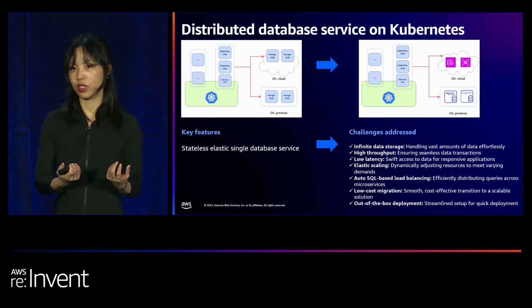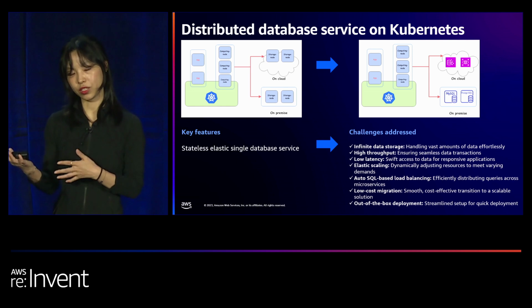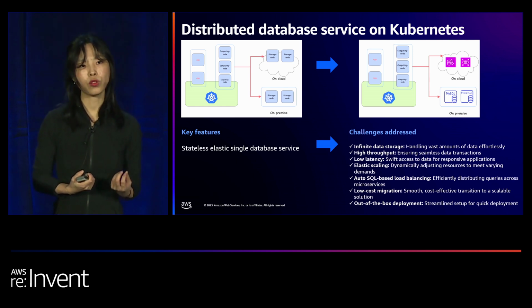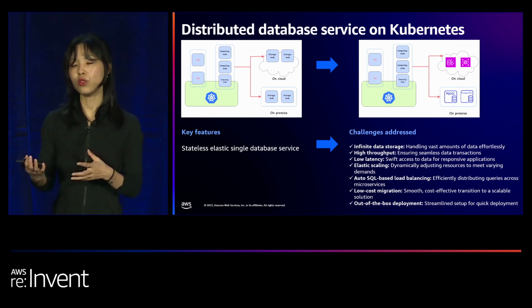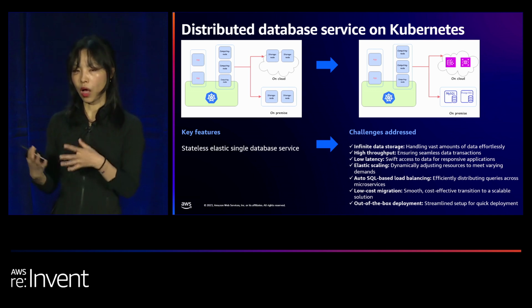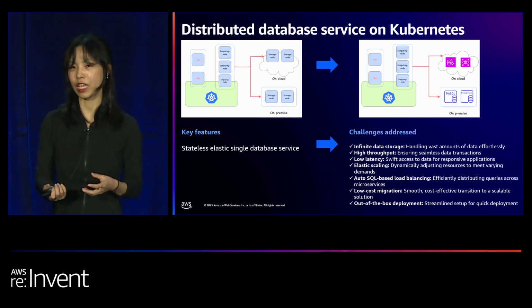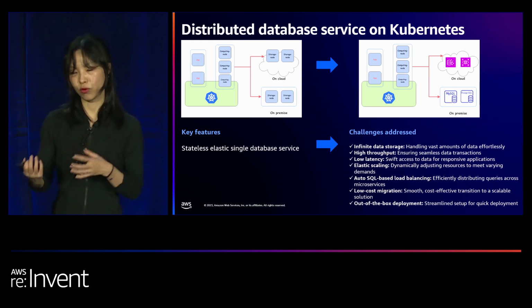We just used RDS, MySQL on premises, or the RDS service. But now we need to consider, if we want to upgrade our existing RDS service into a distributed one, we also worry that maybe I need to spend a lot of effort and time to finish the migration work.